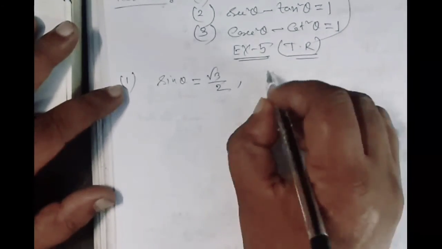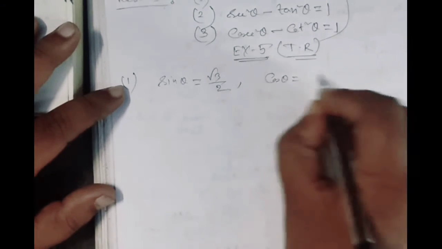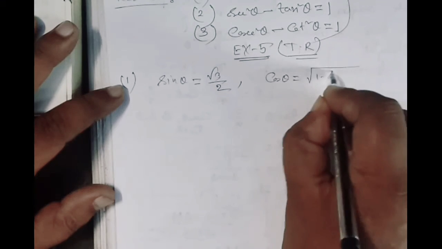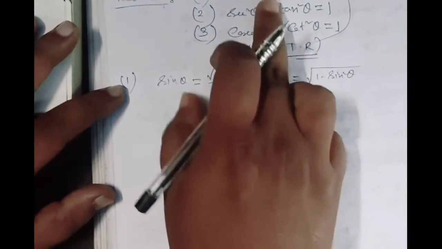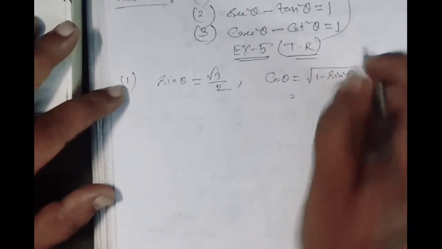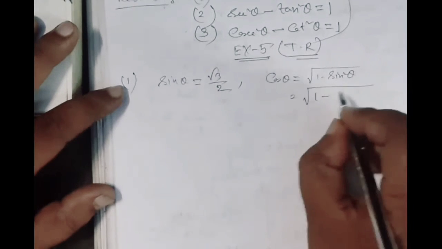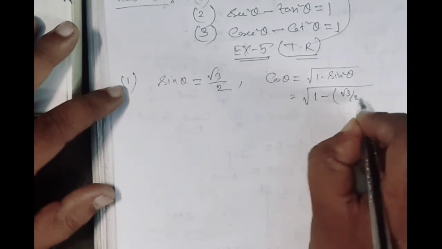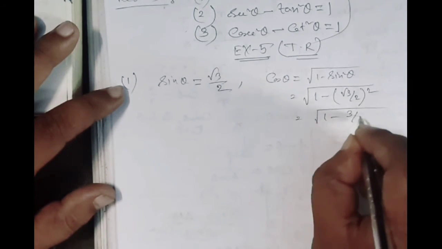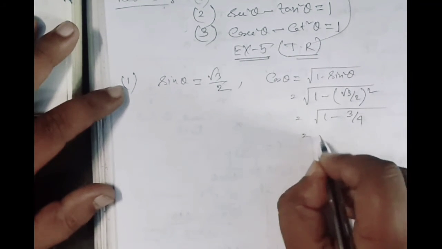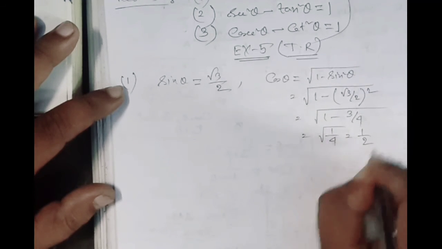Now we know that cos theta is equal to root over of 1 minus sin square theta. So this is 1 minus (root 3 by 2) whole square, 1 minus 3 by 4, means root over of 1 by 4, so that's equal to 1 by 2.